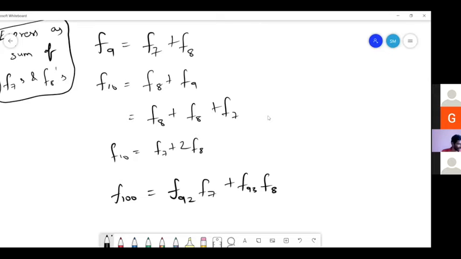So in general, if I have to write Fn, how would I write it? That is F of n minus 8 into F7 plus F of n minus 7 into F8.